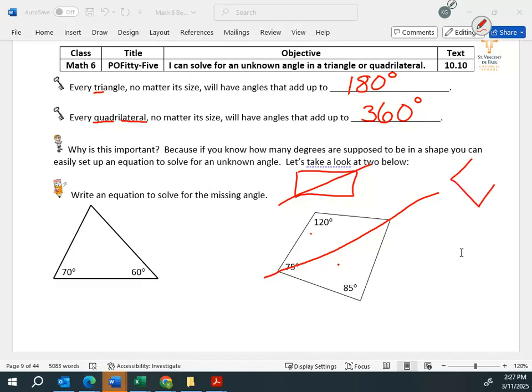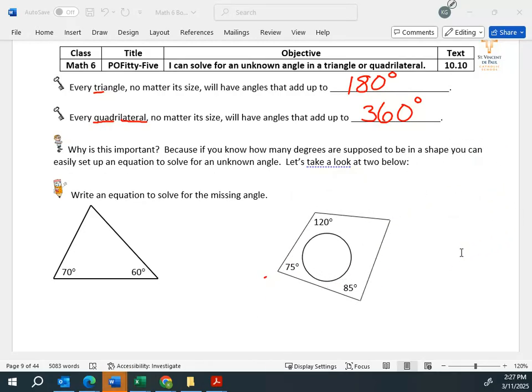It could be a diamond. We can divide that up to be two triangles. We could have a quadrilateral that looks like this. We can always divide it up to be two triangles. So no matter what, every quadrilateral will be 360 degrees when you add all four angles up.